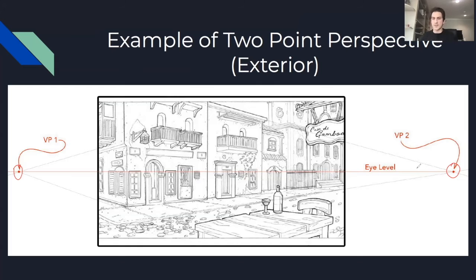And if you draw, for example, the side of buildings, it helps you create the 3rd dimension. And as noted in Sebastian's notes over here, on this eye level we must have our vanishing points outside the composition.